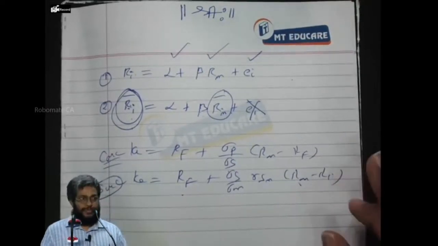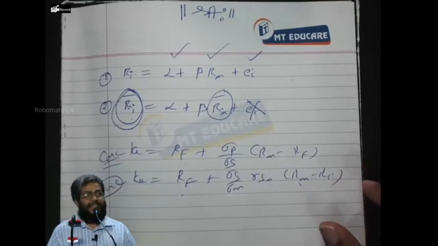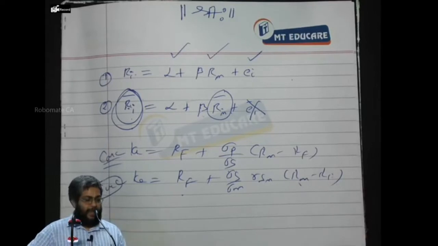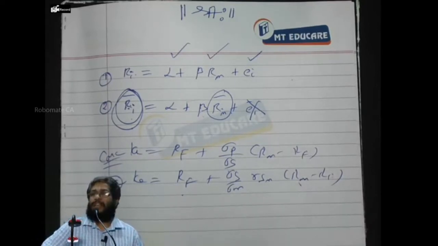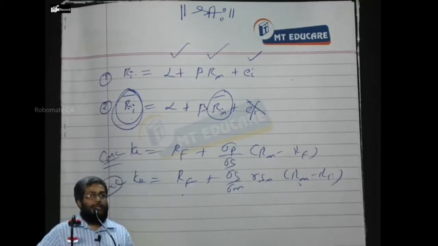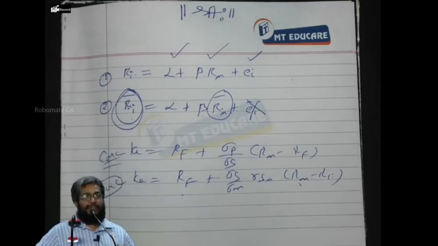Point number 2. Expected return of a security is its average return.